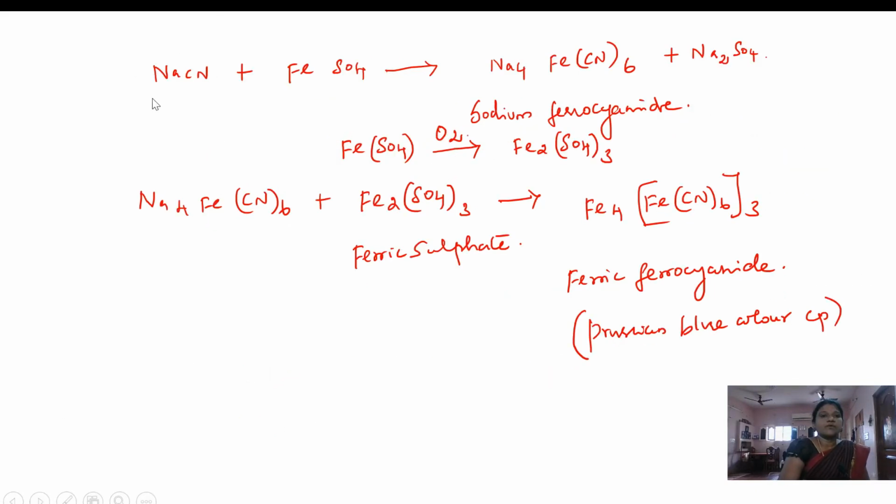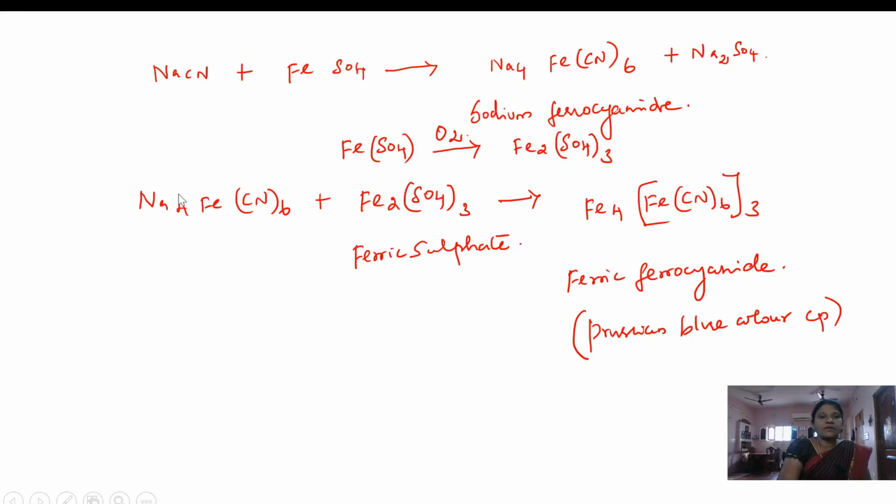Look at this. If the organic compound possesses nitrogen, the nitrogen is converted into sodium cyanide. This reacts with ferrous sulfate to form sodium ferrocyanide and sodium sulfate. A fraction of the ferrous sulfate is oxidized into ferric sulfate even with moisture or air.